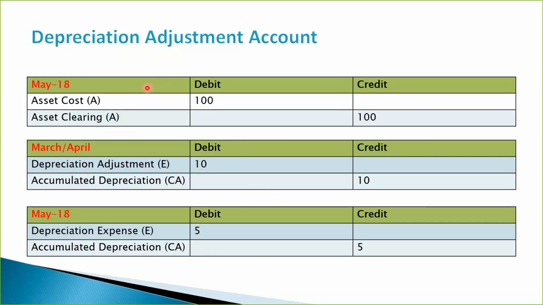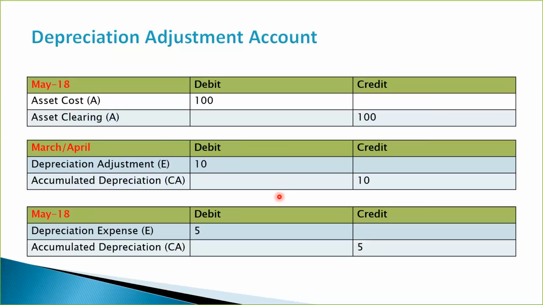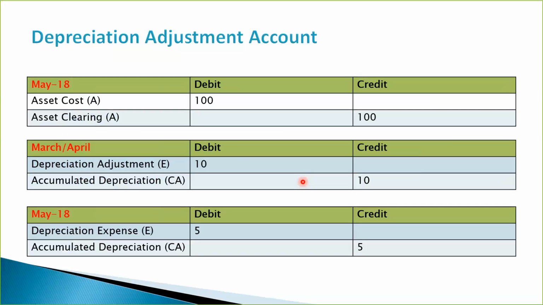Okay, and then let's say in May, right? It's added on 1st May. Okay, so in May, because that's the period that is open, at the end of May, you'll be running your depreciation program. Okay, but remember, this asset was placed in service in March. So you've been having this asset and using it since March.